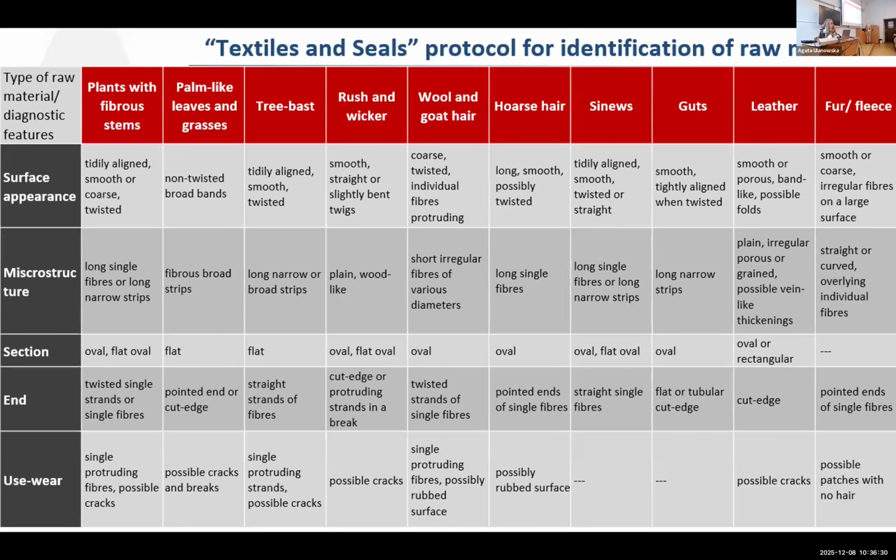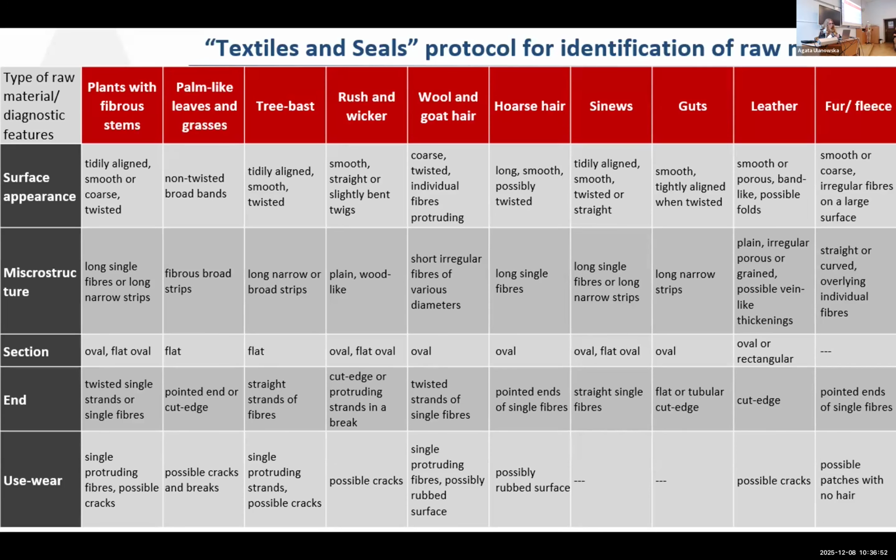And for the Textiles and Seals project, I developed a protocol taking several categories of fibers and trying to define what the surface appearance is, what the microstructure is, what the section is, if it's preserved, the ending of the impressed product, and what the use wear is.